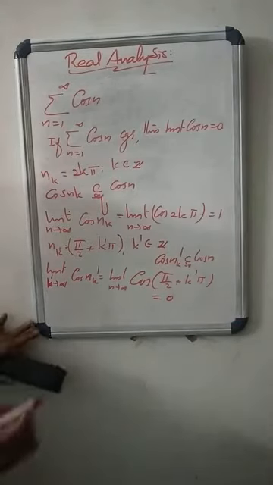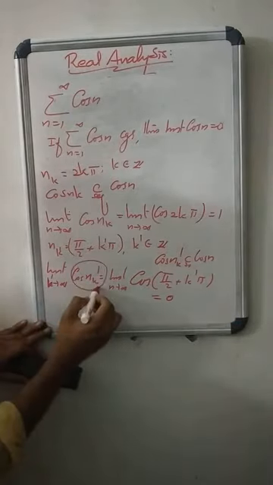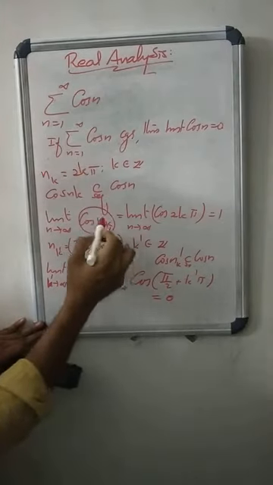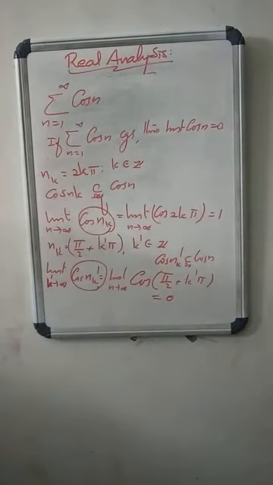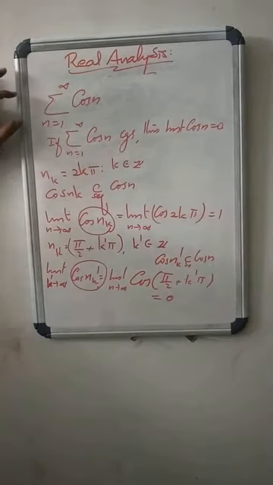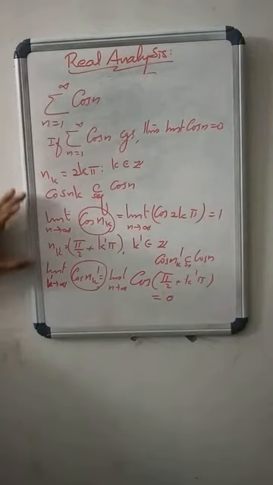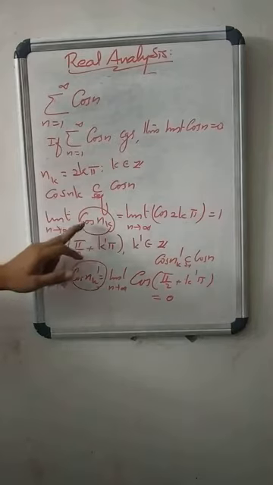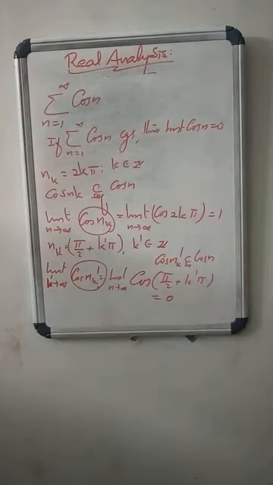Cos nk dash is a subsequence of cosine, and cos nk is also a subsequence of cosine. But these two subsequences converge to different limits. If sigma n ranges from 1 to infinity cosine converges, then we reach this contradiction: two subsequences of cos n converge to different limits.